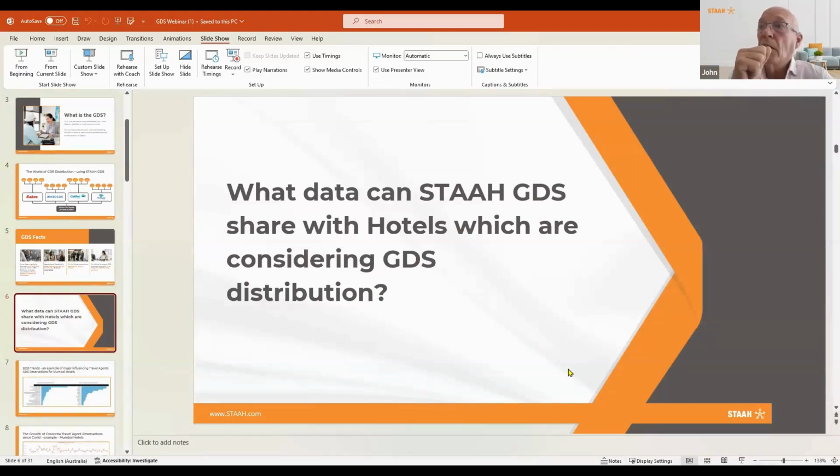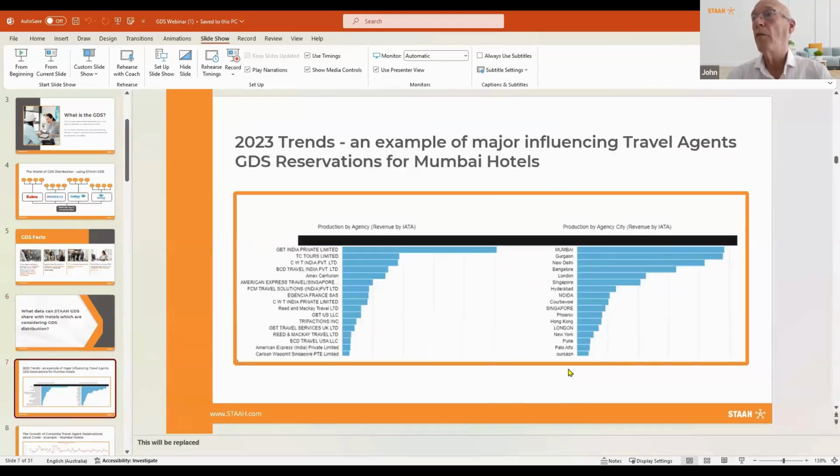When a hotel is considering GDS, they need to be usually provided information and data about that impact on their decision-making process. STAAH GDS is able to offer an example of data. This is an example, 2023, these were the trends of the major influencing travel agents booking GDS reservations for, in this case, Mumbai hotels.